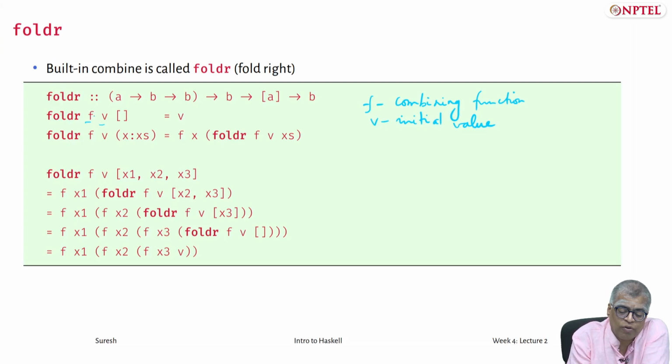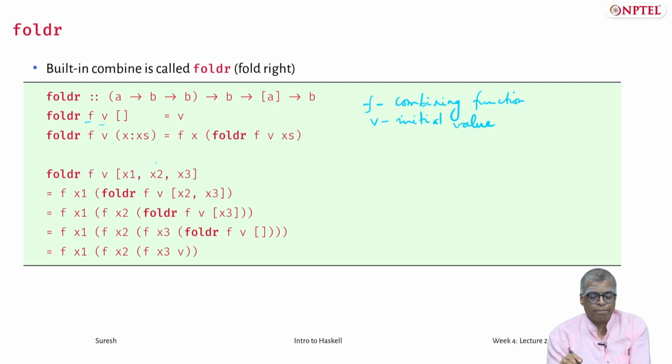Foldr f v of the empty list is v. Foldr f v of x colon xs is f applied on x and the recursive result of applying foldr f v on xs. Okay, so this was the definition of foldr.